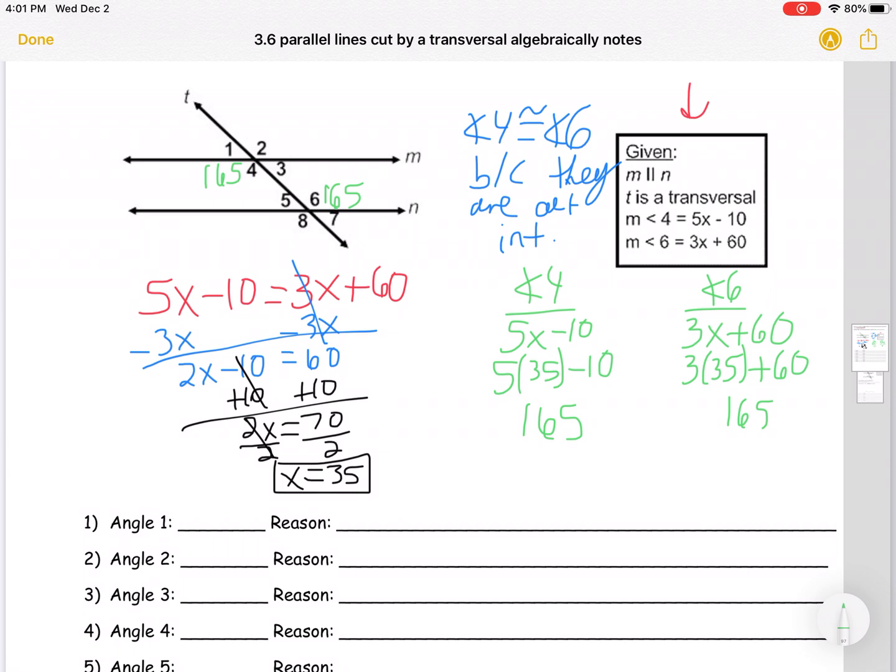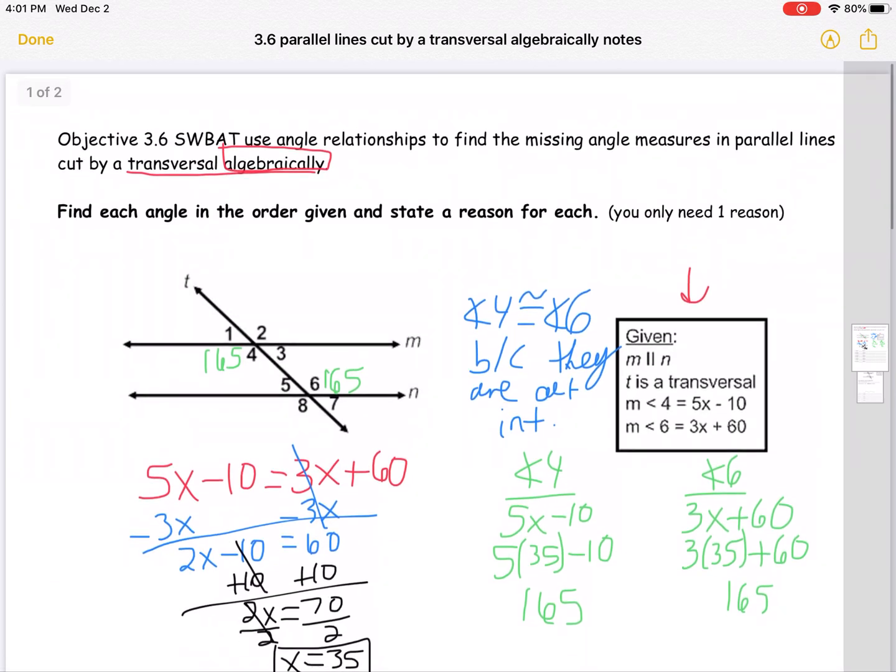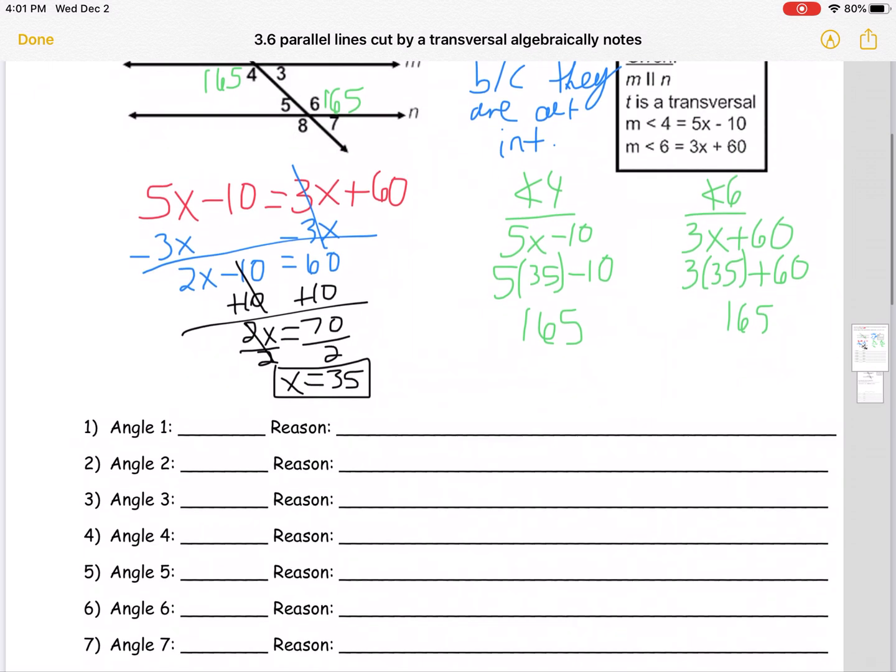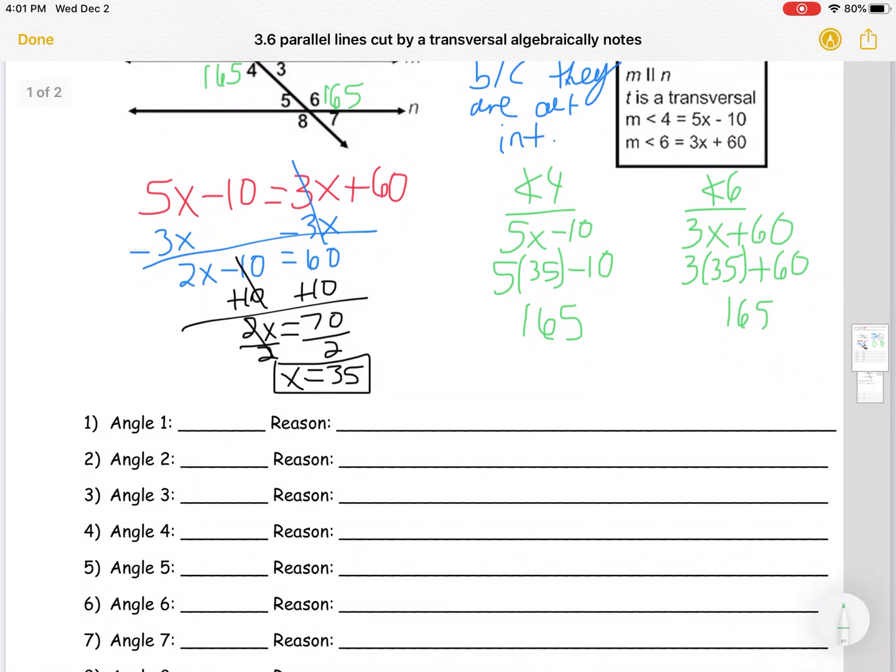I know the directions said to answer the questions in the order given, but we don't have to do that if you don't want. I'm going to plug in angle 4 equals 165 and angle 6 equals 165. And the reason is because they're alternate interior to each other.